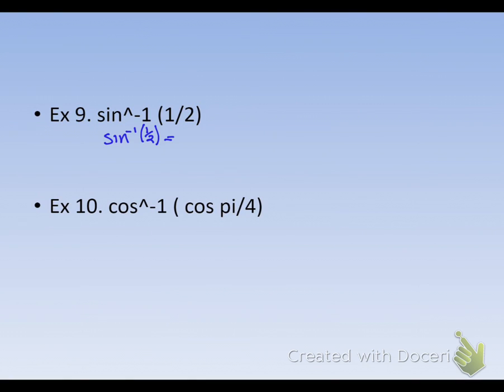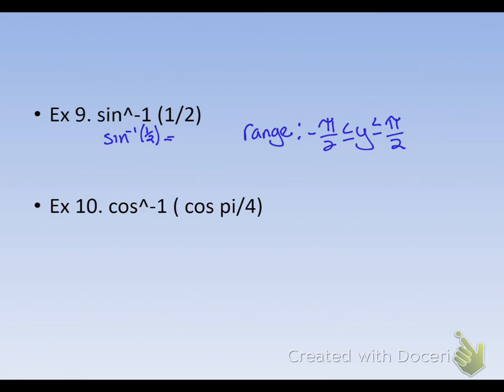And then we had to remember we're looking for the values that are going to be in our range, which is going to be negative pi over 2 to pi over 2. So we are looking for where sine equals 1/2 on the right side of our unit circle. On the unit circle, I have it written out for our traditional sine and cosine, but you would see that this value would be 1/2.